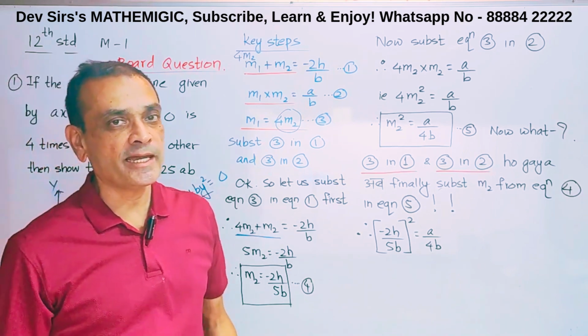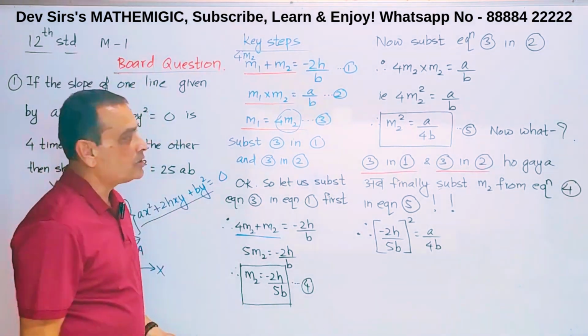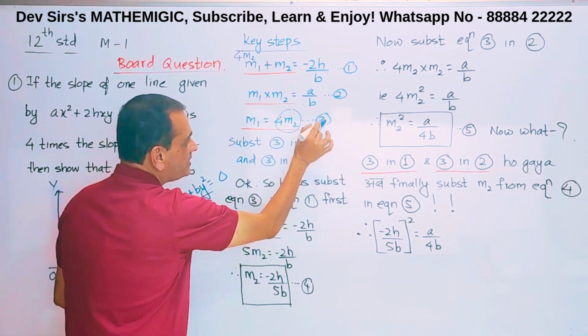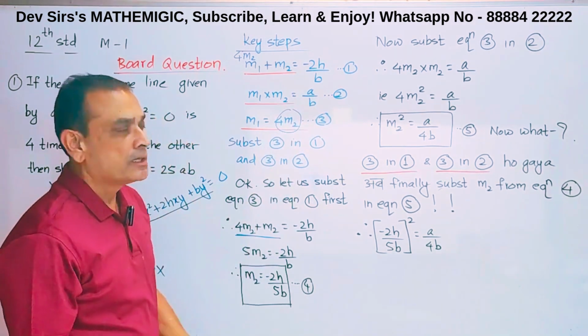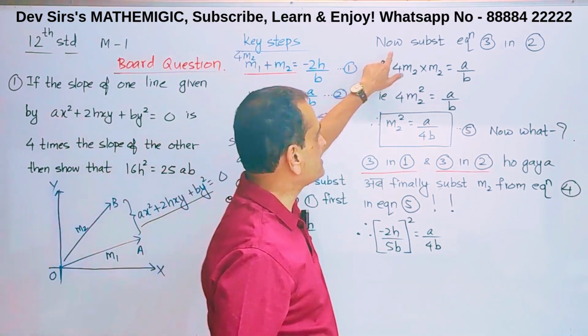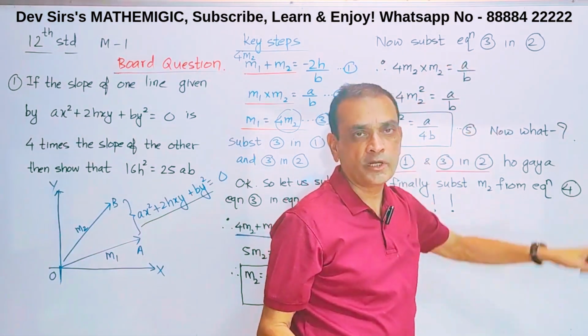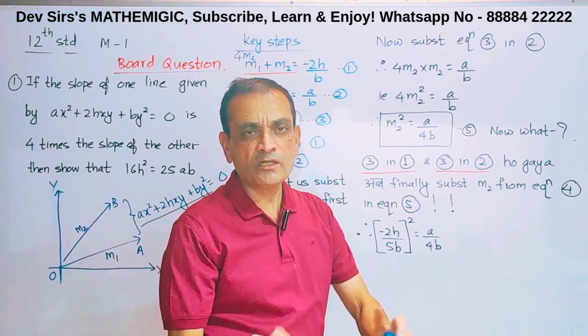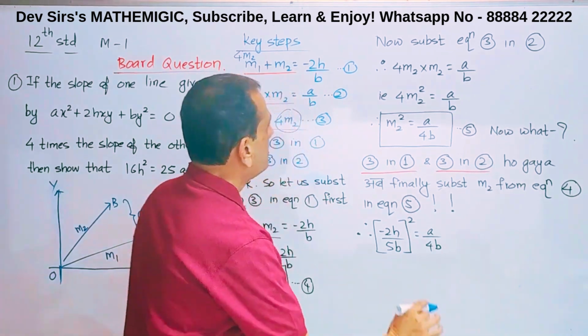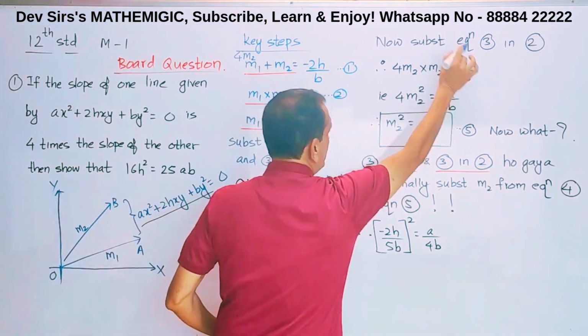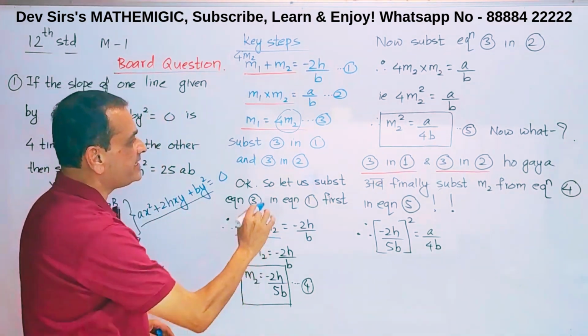Now I am going for equation 5. For equation 5, substitute the value of M1 from equation 3 in equation 2. 3 in 1, 3 in 2, remember friends.